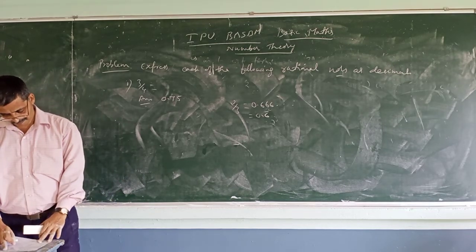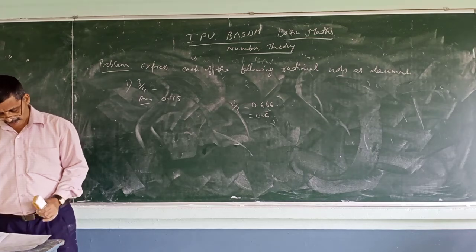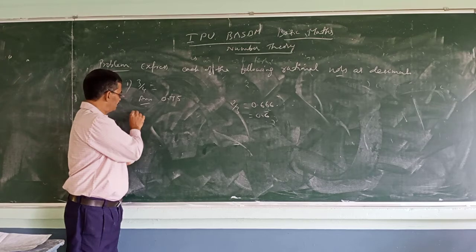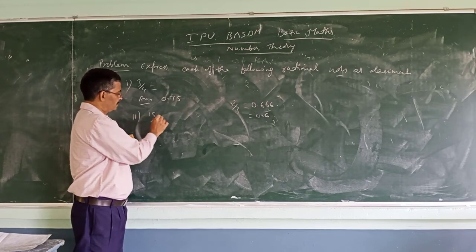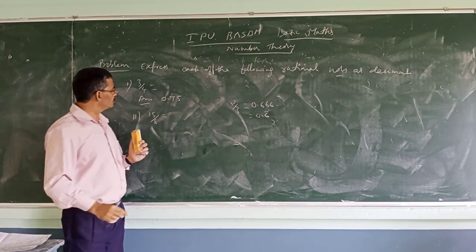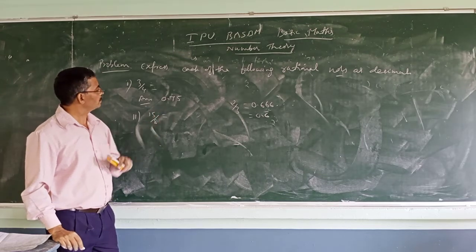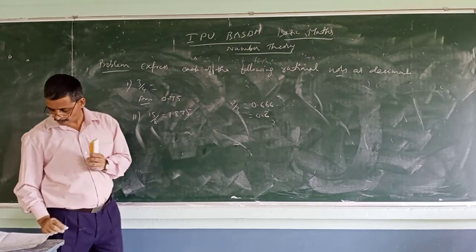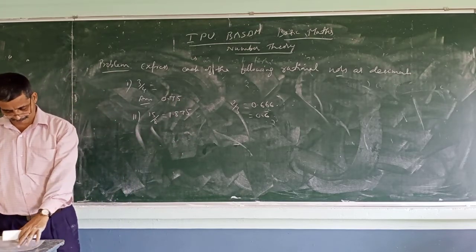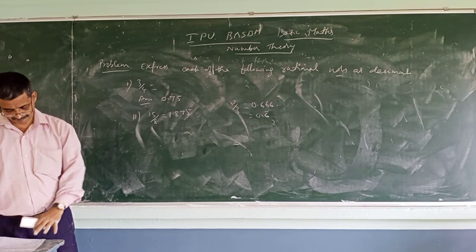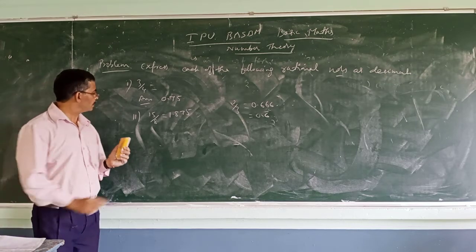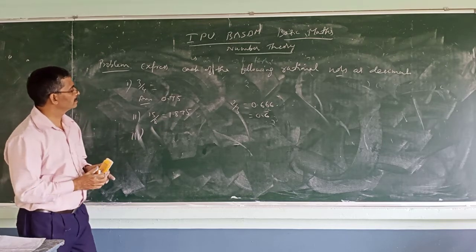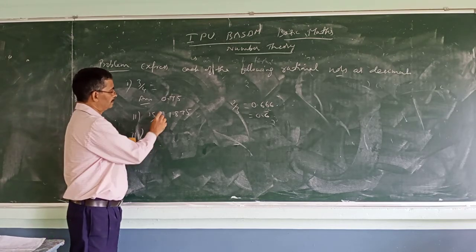Next one, 15/8. You can divide, so it will become 1.875. You know the division. It is 1.875. This is the answer.